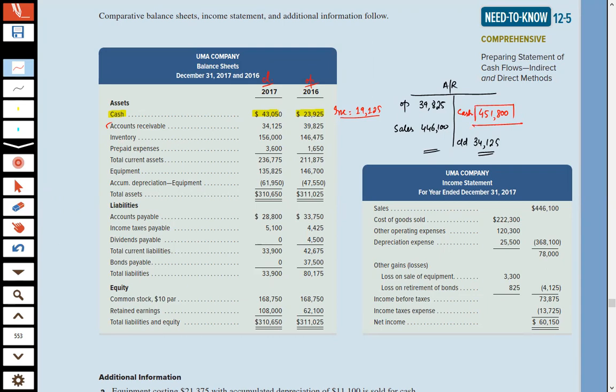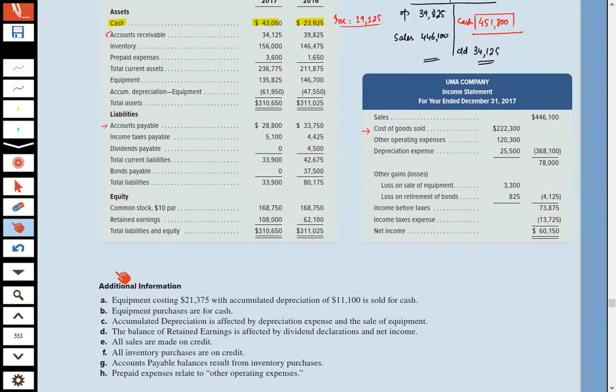Now the second is inventory. This inventory is given for the purpose of calculating purchases because we have been given the cost of goods sold. So from these amounts, we can calculate purchases first. Then we will make the accounts payable T account and calculate the amount paid to the suppliers. So for purchases, cost of goods sold equals opening inventory plus purchases minus closing inventory.